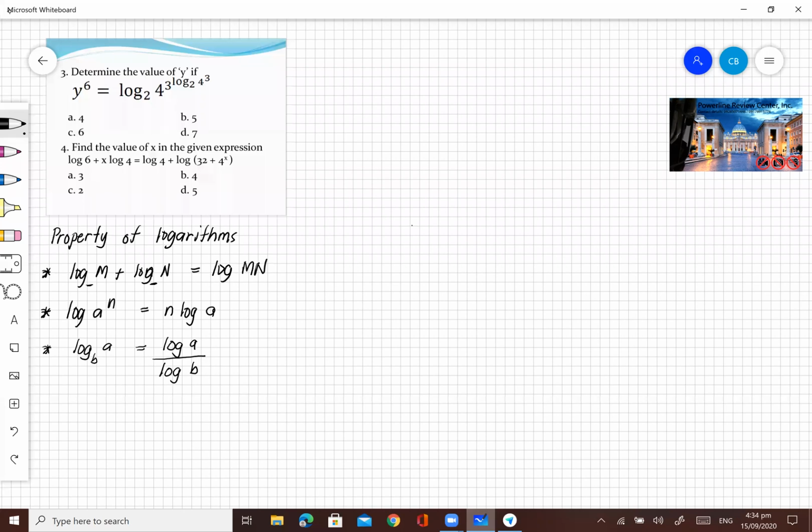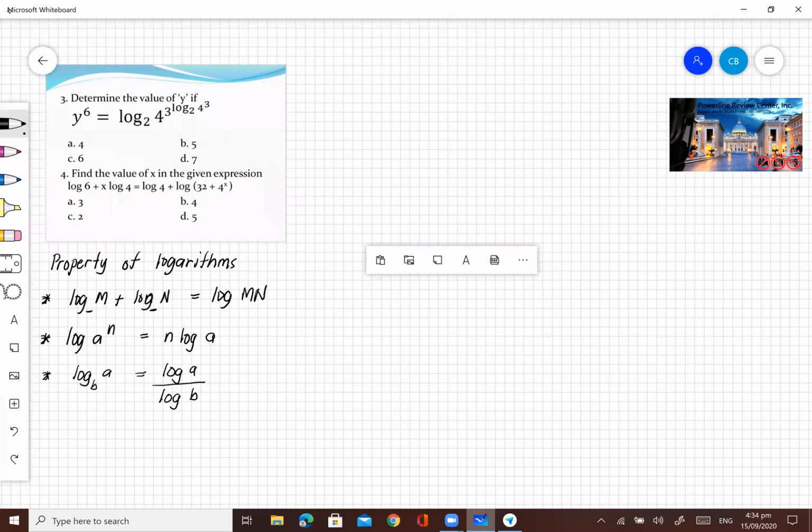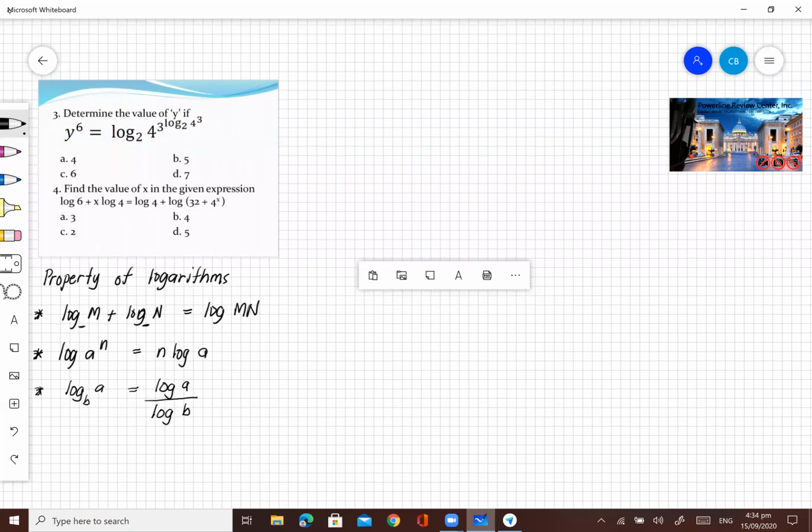Okay? So, try natin yung number 3. You have y raised to 6 equal to logarithm of 4 raised to 3, raised to logarithm of 4 raised to 3 base 2. Okay. So, para mas madali natin makita, I'll just use substitution. I just let this value as another variable.